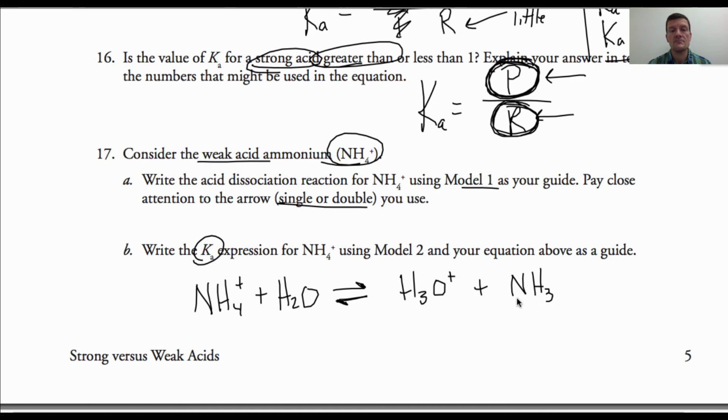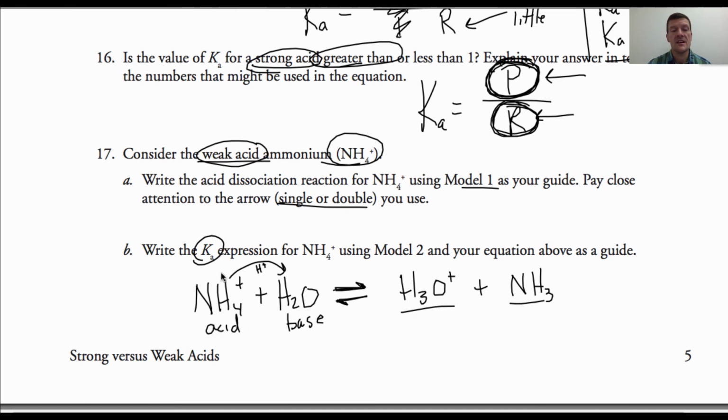Okay? And this is a reversible reaction because we were told it's a weak acid. The NH4+ is donating the H+, so we have shown that by our products here, and it is acting as an acid. The water is your base.